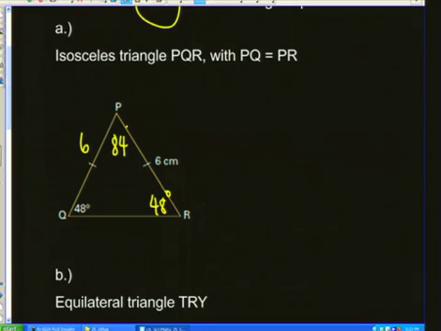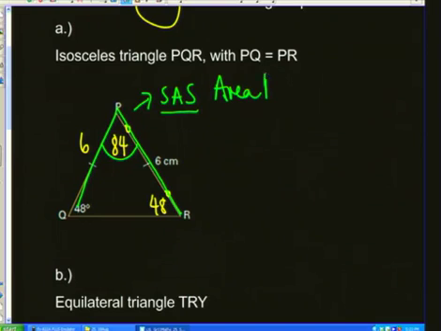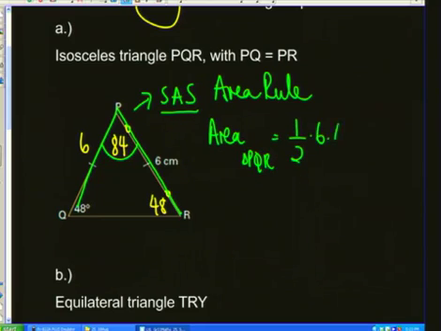We've now created a situation where we have, watch carefully, side, angle, side. With an SAS arrangement, we can use the area rule. How? It will be area of triangle PQR will equal to half of the two sides, so it's 6 times 6, multiplied by the sine of the angle between them.